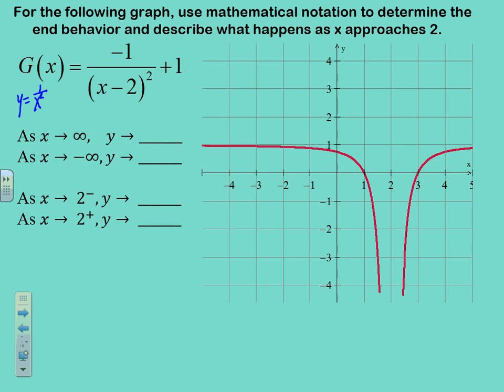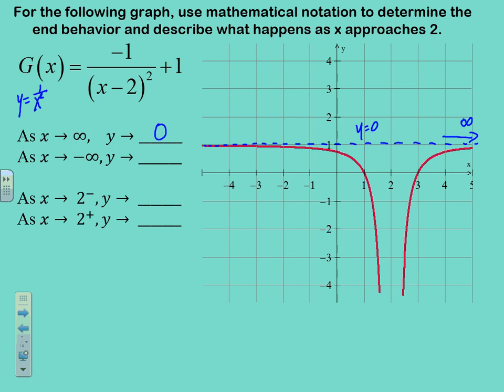Now looking at our notation, we're going to say as x approaches positive infinity, meaning as x goes this way forever towards positive infinity, what number does y approach? Well, in this case, the horizontal asymptote is at y is equal to 0. So as x approaches positive infinity, y heads towards 0.